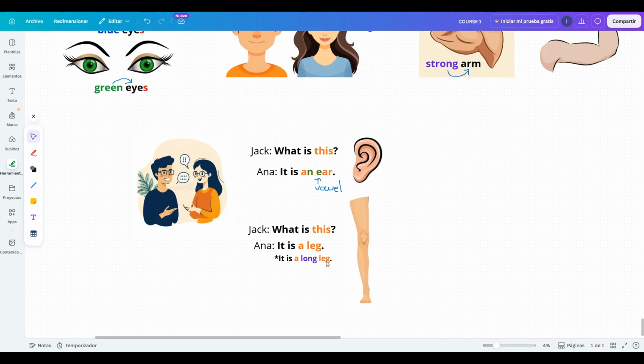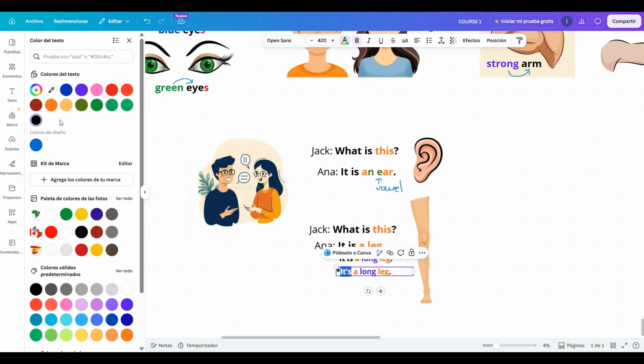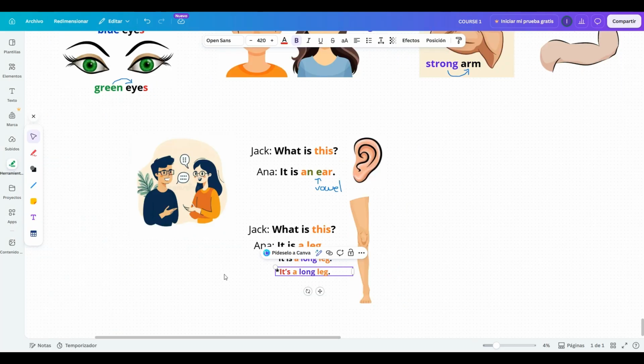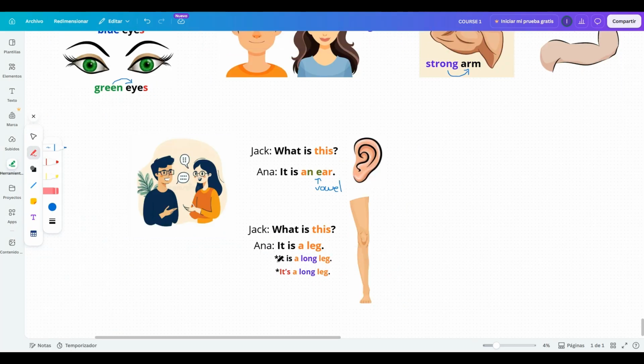Or maybe you can also use contractions. Instead of saying it is a long leg, it's a long leg. Contraction. It is becomes it's a long leg.